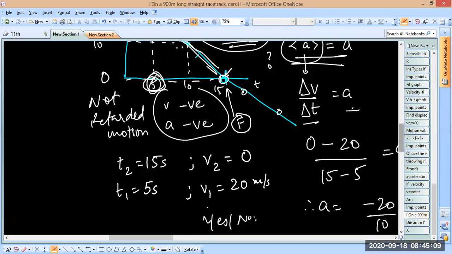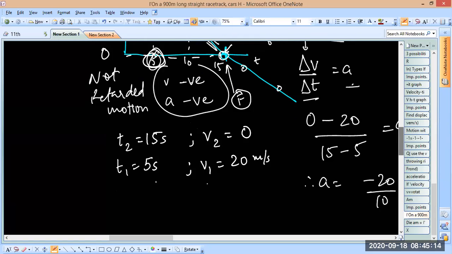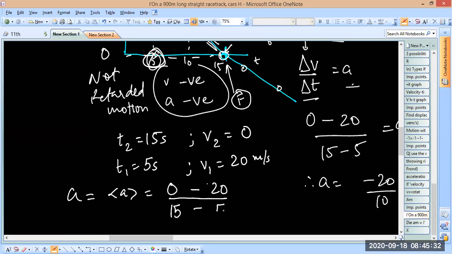Now I'm just going to find the average acceleration, because average acceleration is the same as acceleration here, since it's constant. So put the formula: final 0 minus initial 20, divided by final 15 minus initial 5. Minus 20 upon 10.